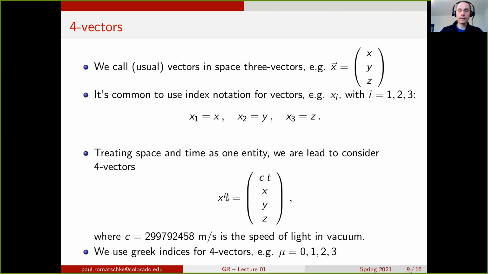We use, as I said, Greek indices for the 4-vectors, and these Greek indices, for instance mu, then run from 0 all the way to 3. This is opposed to the Latin indices that I use for 3-vectors, which run only from 1 to 3. So the 0 component of these will always be the time-like direction.